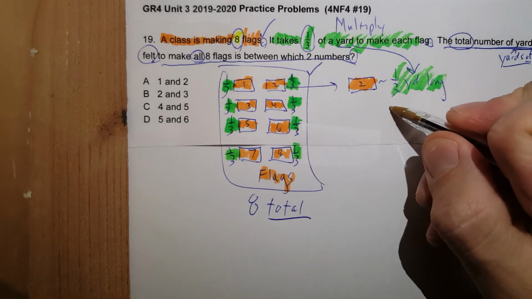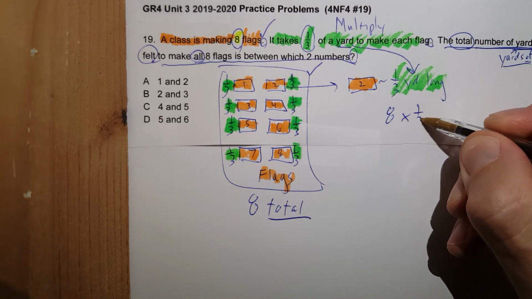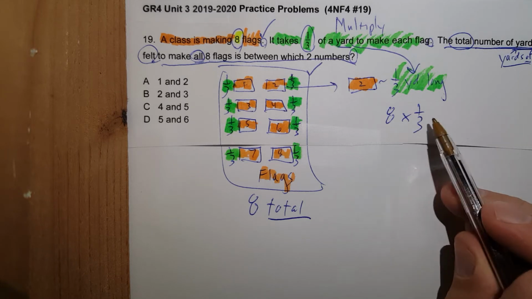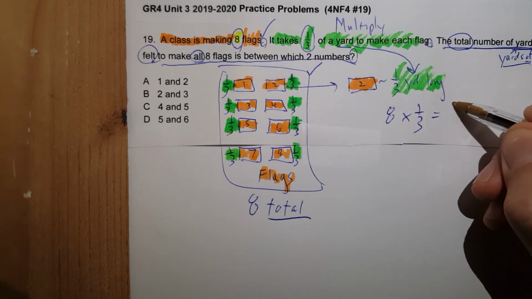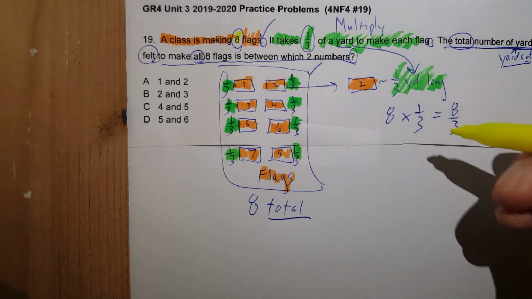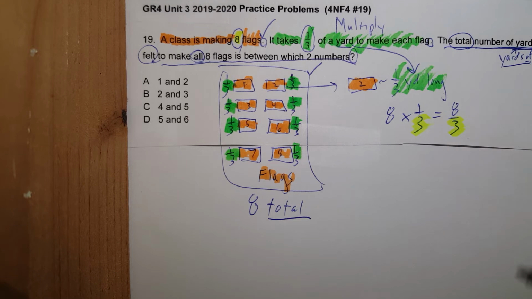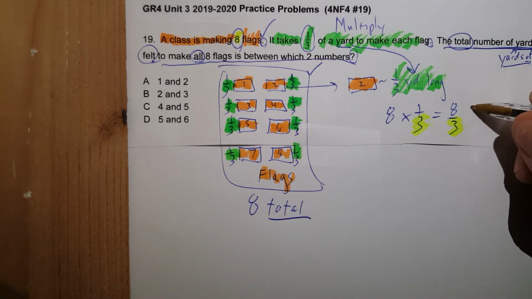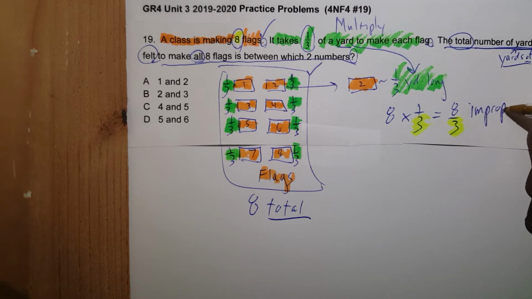We have 8 flags, 1/3 each long. I'm not going to add 1/3 8 times. I'm a fourth grader. So I take 8 times 1, I get my answer 8 over 3. Remember, that denominator always stays the same. One problem though, this is an improper fraction.